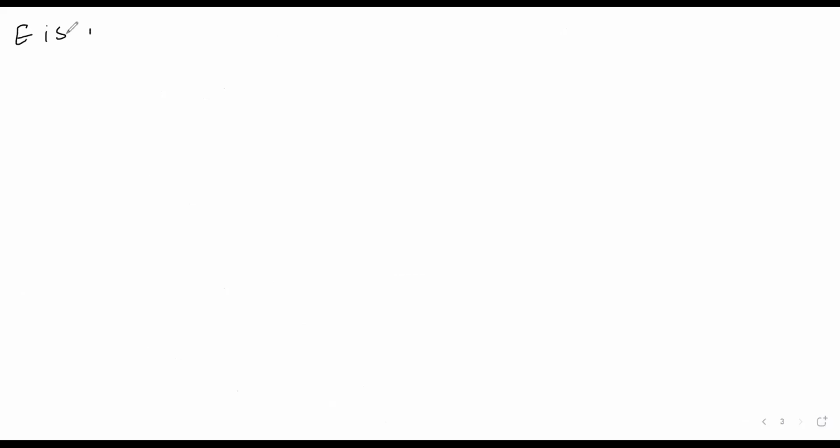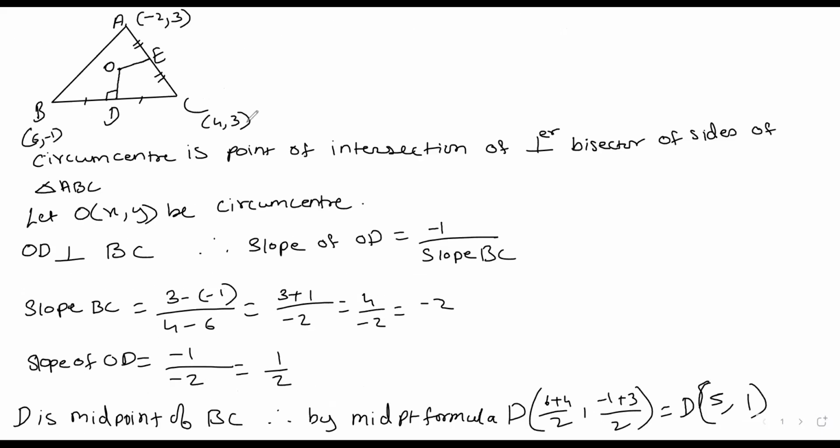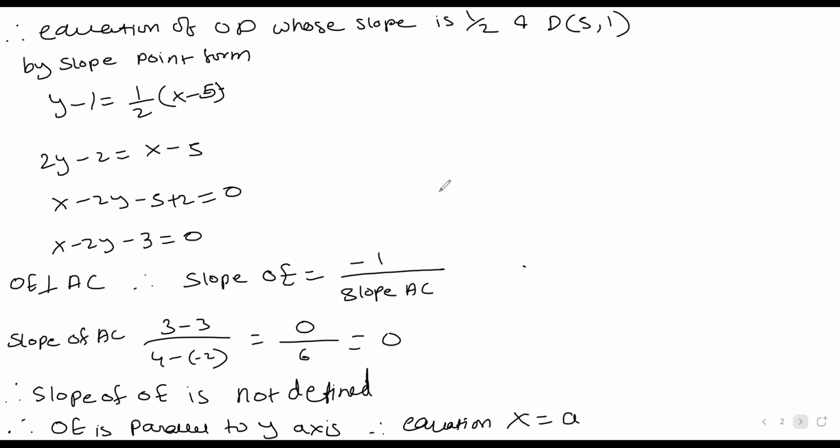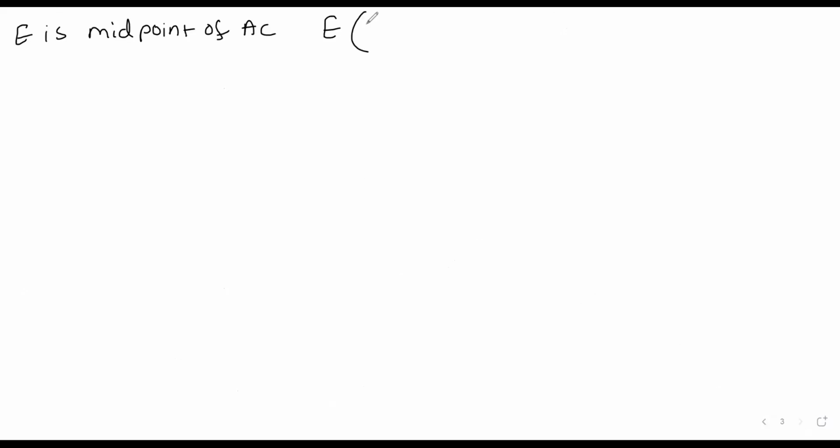Now E is midpoint of AC. So therefore E will be (-2 plus 4) by 2 and (3 plus 3) by 2. So E is 1, 3.